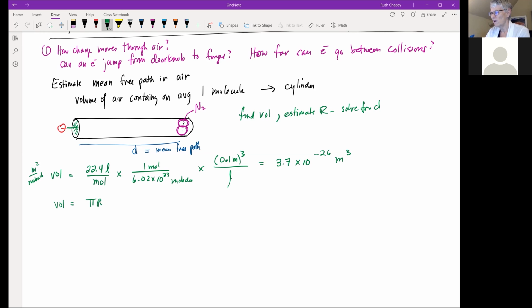So it's pi r squared times D. Let's just say the radius of a typical molecule, or a typical average radius, because the molecule's rotating, is going to be something like 1.5 times 10 to the minus 10 meters. So maybe half of what Tristan's suggesting.